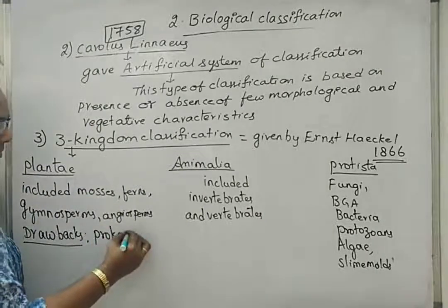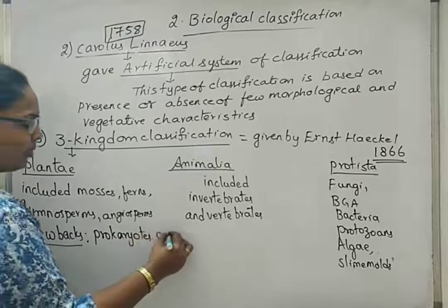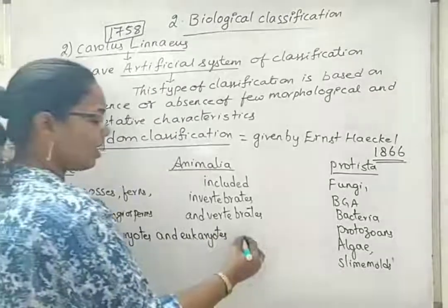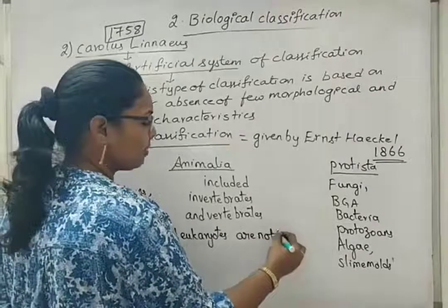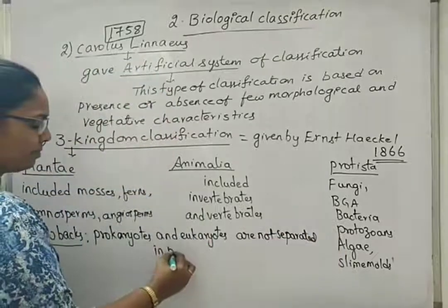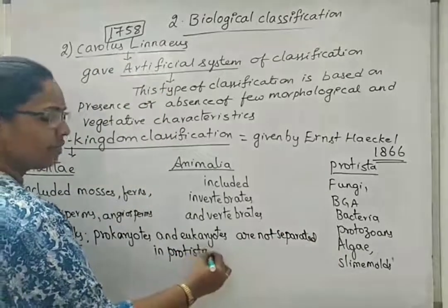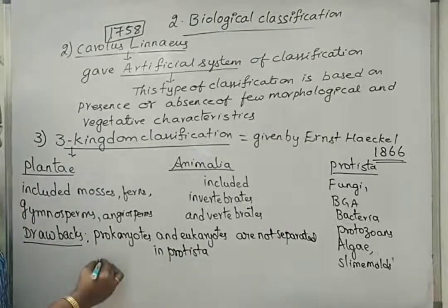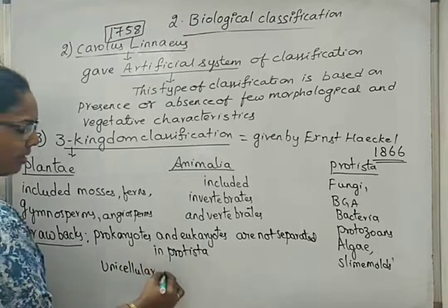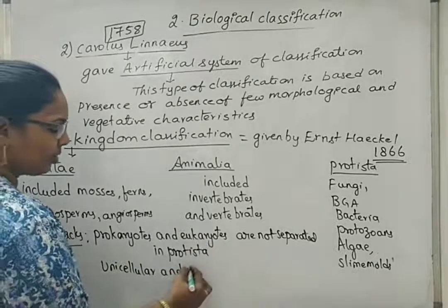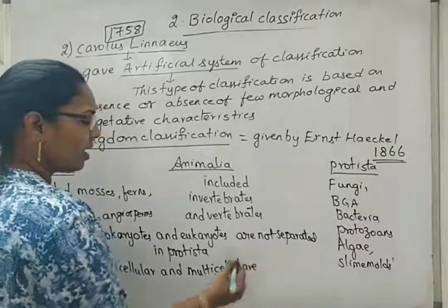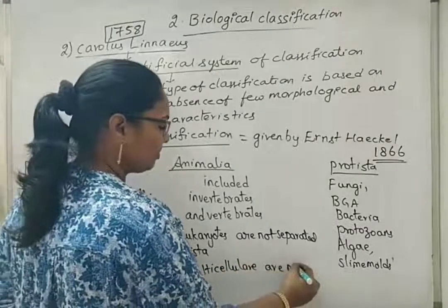Prokaryotes and eukaryotes are not separated in Protista. Next, another point also we can write: under prokaryotes, unicellular, and from eukaryotes, multicellular, are not separated in Protista.